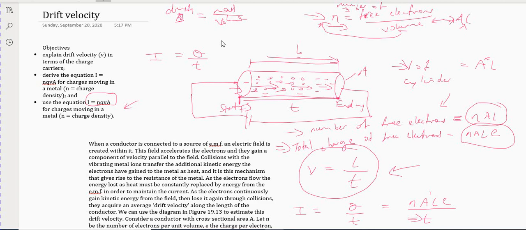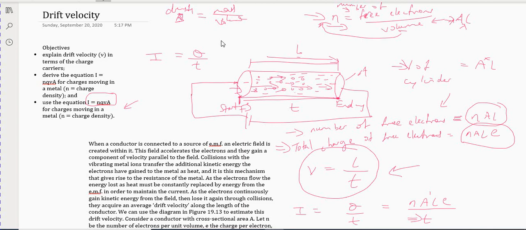Now, with that being said, in this piece of conductor, since there are electrons inside of this conductor, we expect that each electron will carry a charge, and we want to know the total charge of these electrons. So in order for us to find that, I would have to now know the amount of electrons firstly and the charge of the electron.